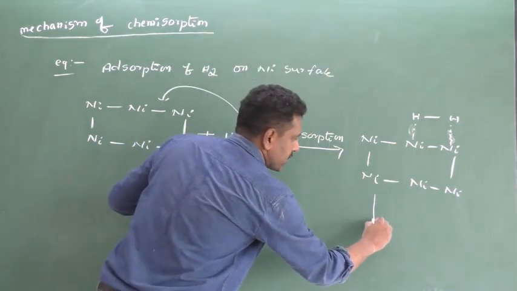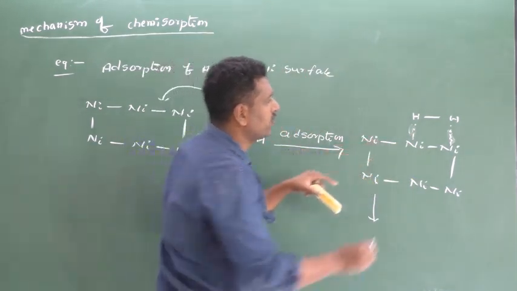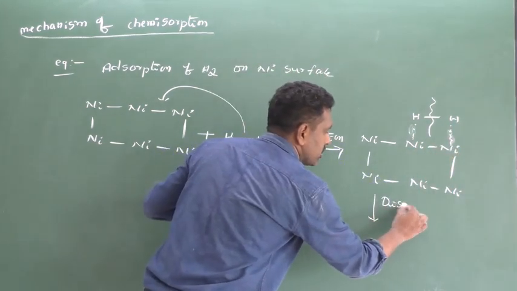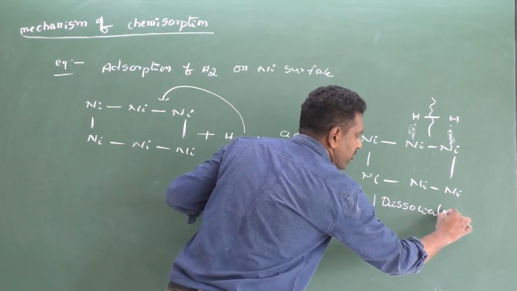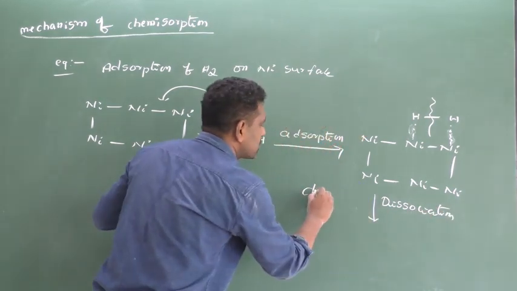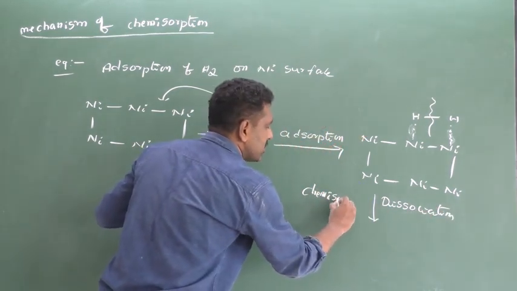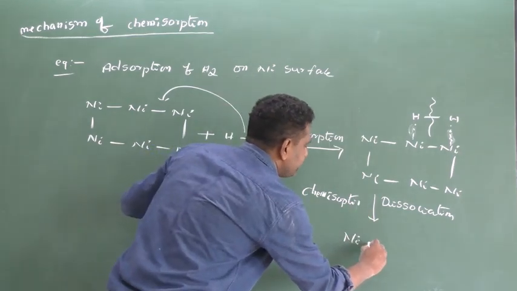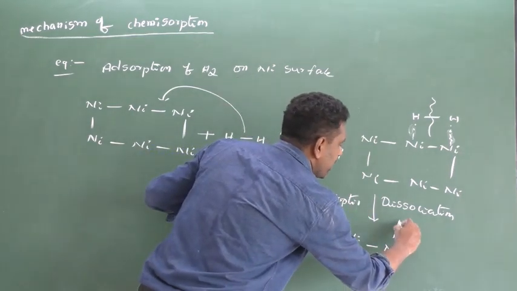After that, dissociation of the hydrogen molecule. The next step is dissociation. After dissociation, chemisorption takes place simultaneously. Here are nickel atoms, and this is hydrogen.